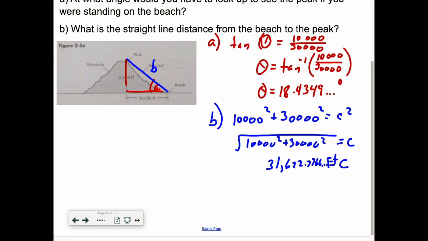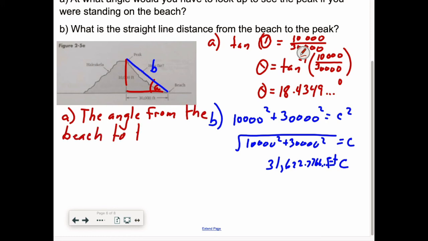And I'm always going to answer these things using a summary statement of sorts. So I can say the angle from the beach to the peak is about 18.4 degrees.